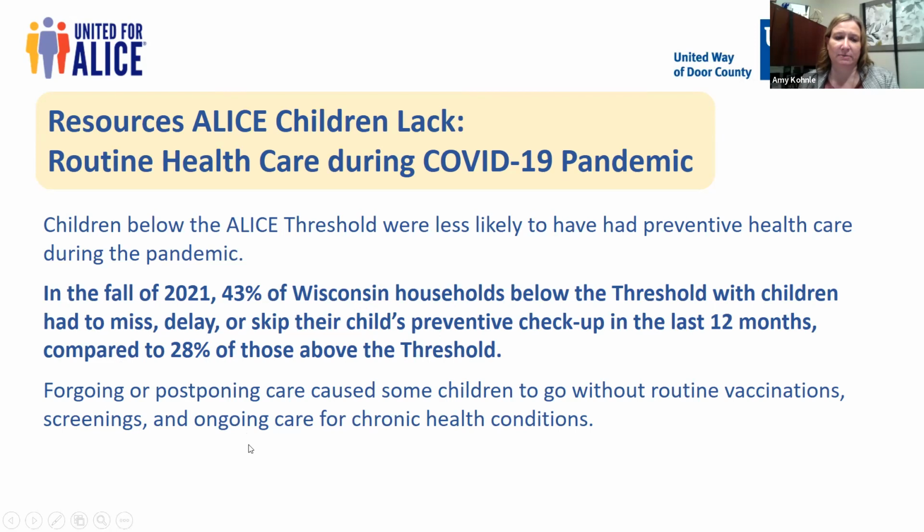Christina, this is just my speculation, but a household that's above the threshold is very used to knowing we have our quarterly, 6-month, 12-month checkups. So maybe when the medical facilities reopened for those appointments, they made it a priority to schedule those appointments sooner. Whereas somebody who's ALICE or in poverty, it's not always on their radar, but also, we know they're living more moment to moment.